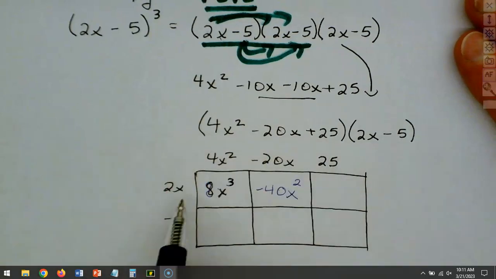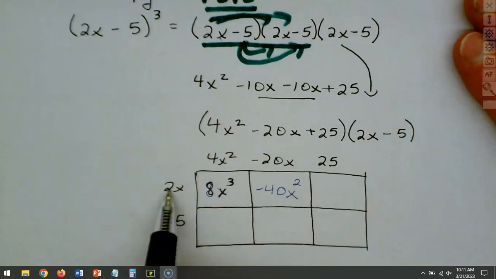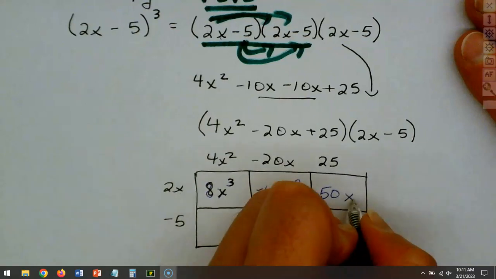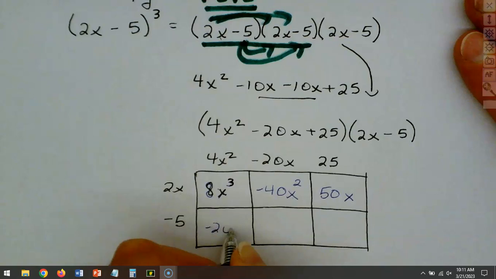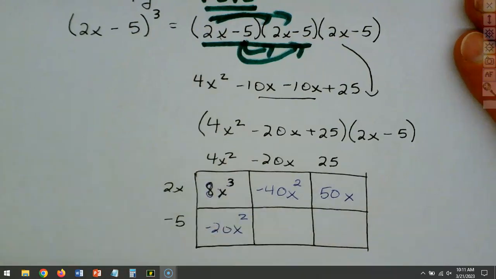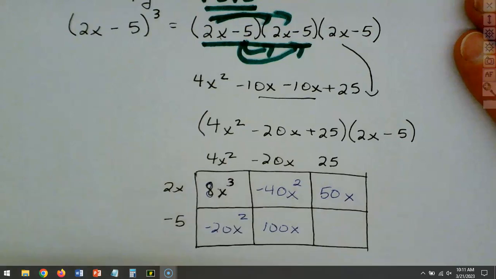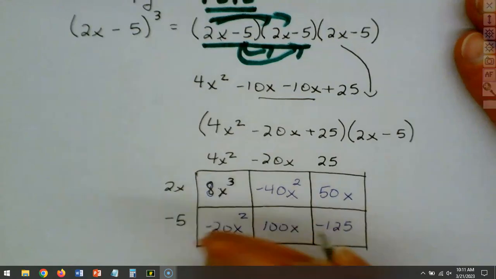Make sure it's squared there, because x times x, again, that makes it an x squared. 2 times 25, well, that is 50x. And then we've got a minus 20x squared down here. Negative and negative makes it a positive 100x here. Negative and positive makes it a minus 125.